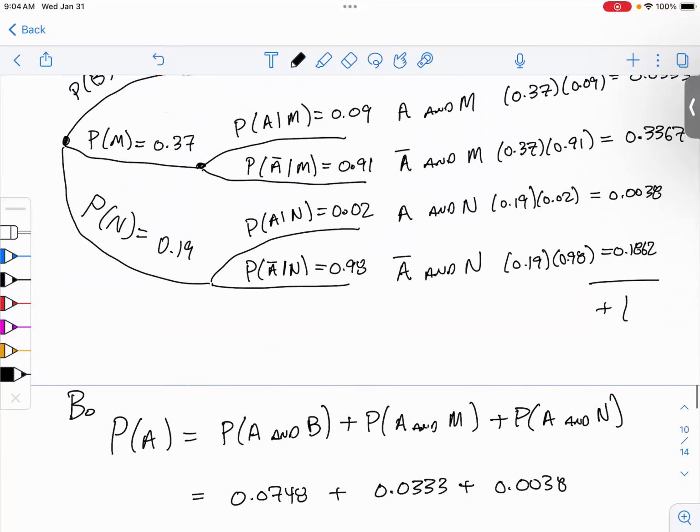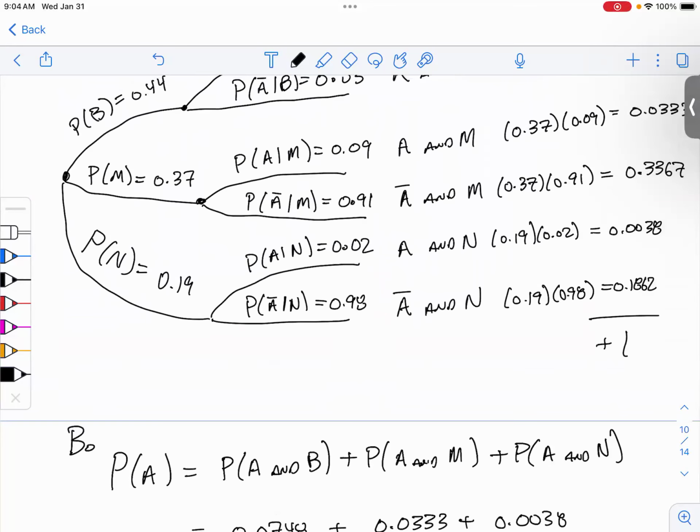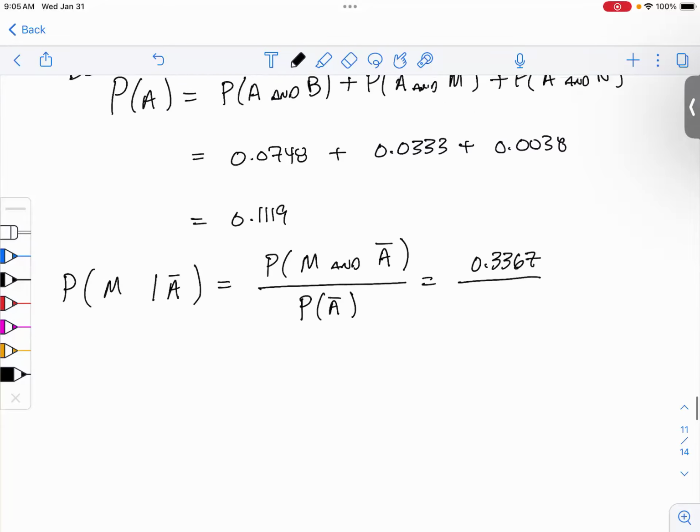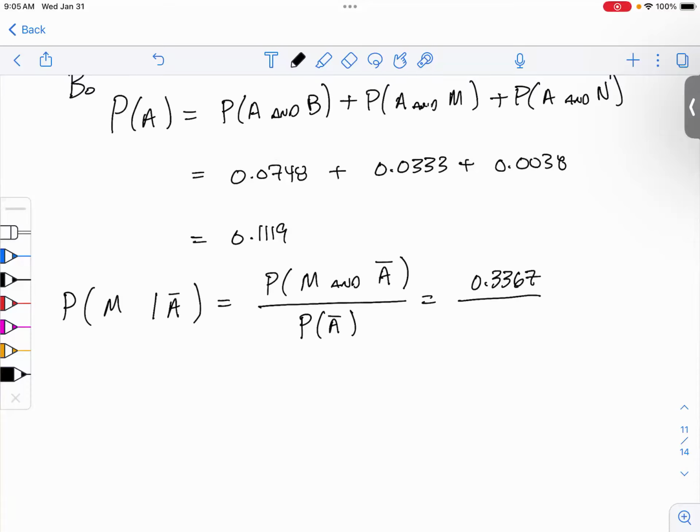M and not A we have on our picture here, 33.67%. And then not A, I actually just found A in the part above here.